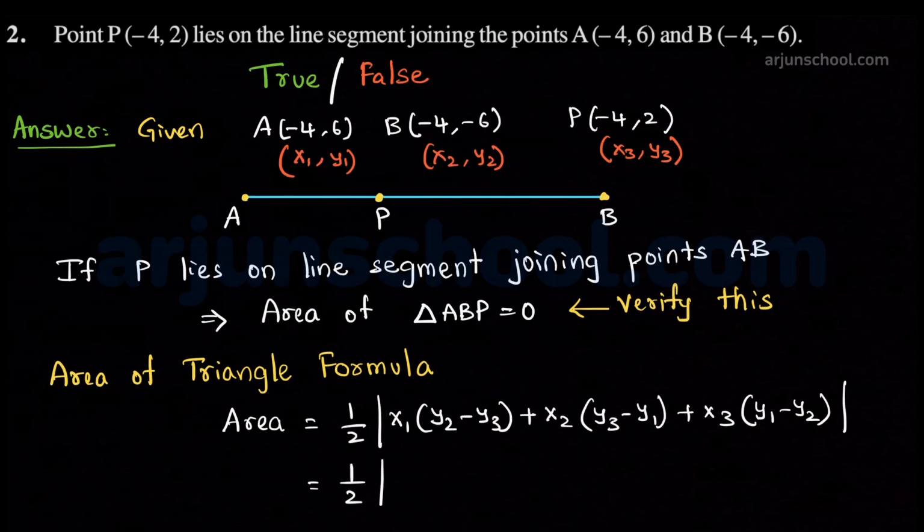1 by 2 modulus of x1 is minus 4 of (y2 is minus 6 minus y3 is 2) plus x2 is minus 4 of (y3 is 2 minus y1 is 6) plus x3 is minus 4 of (y1 is 6 minus y2 is minus 6).